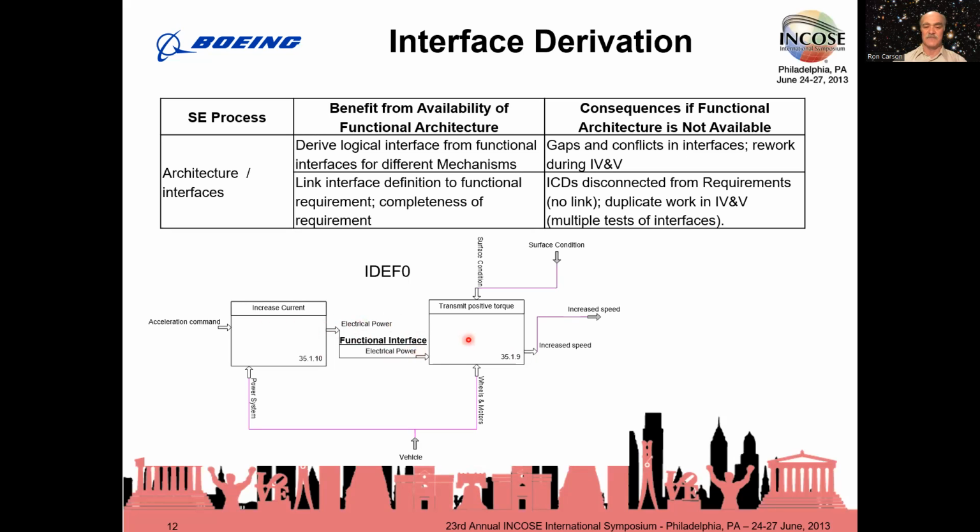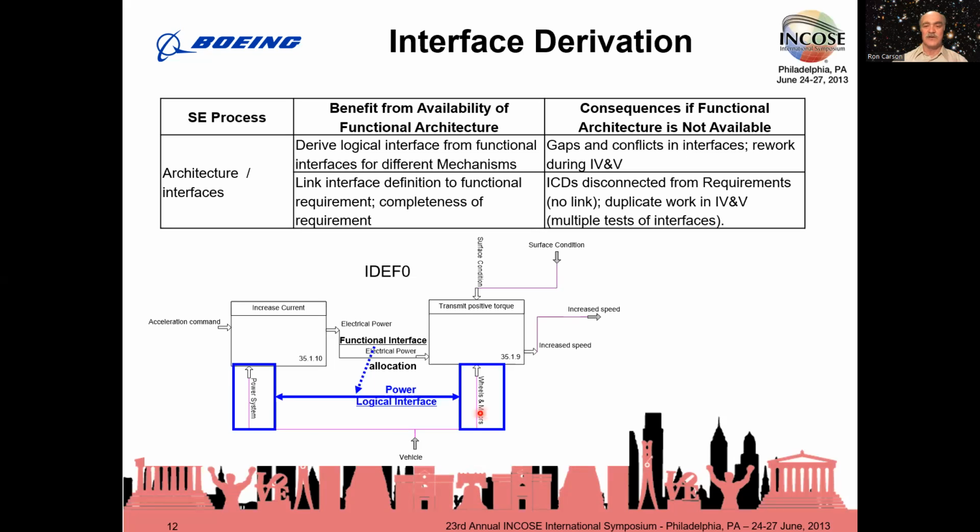Some output becomes some input. But given that these functions are allocated to different next lower level elements, we now identify that there has to be a related logical interface to be able to convey this function, in this case electrical power, not only from one function to another, but from one subsystem to another subsystem.